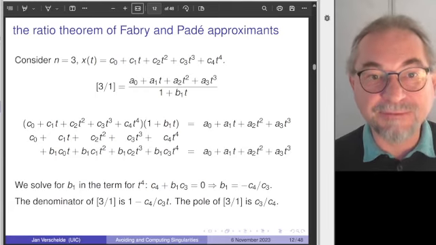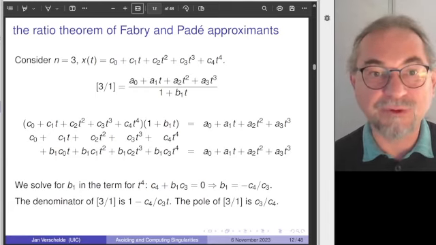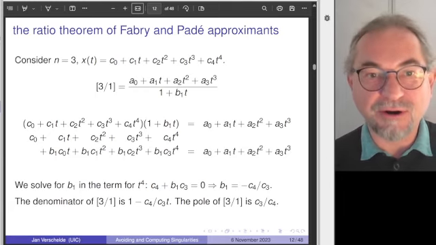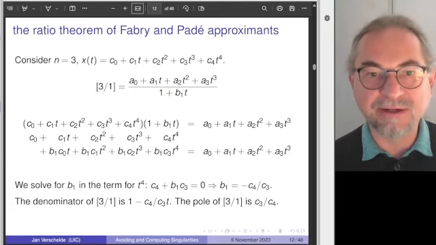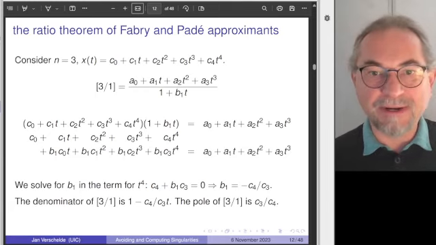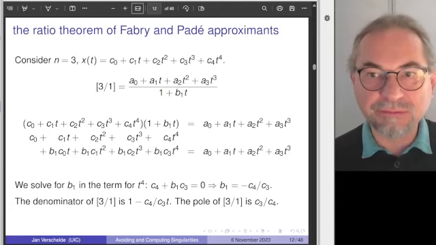So what we have given is a series here truncated after the fourth power, so we have 5 coefficients. With that, we can make a Padé approximant of (3,1), so degree 3, cubic in the numerator, and a linear denominator. Now, the Padé approximants require a normalization because you can divide both numerator and denominator by the same constant and have the same values of the Padé approximants.